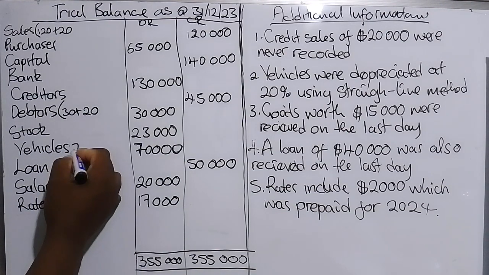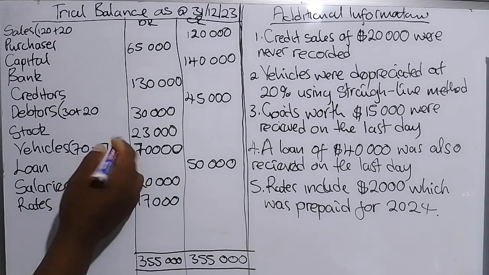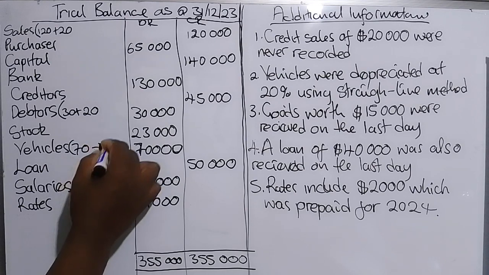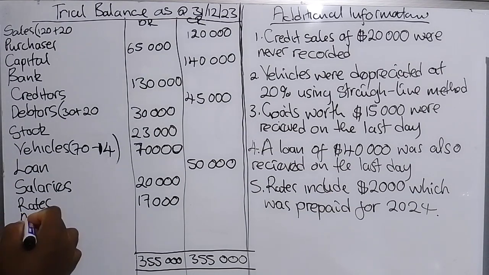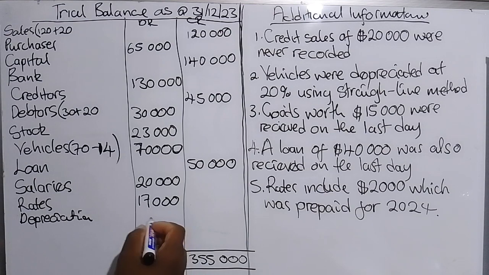It means we are going to reduce 14,000 from the vehicles. But where is the 14,000 going, for us to complete the double entry? The 14,000 is going to depreciation. So we are going to write depreciation here and write 14,000.